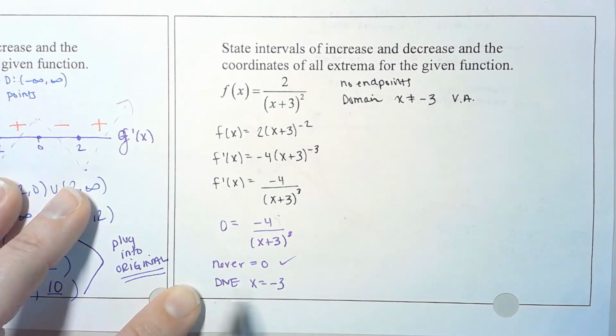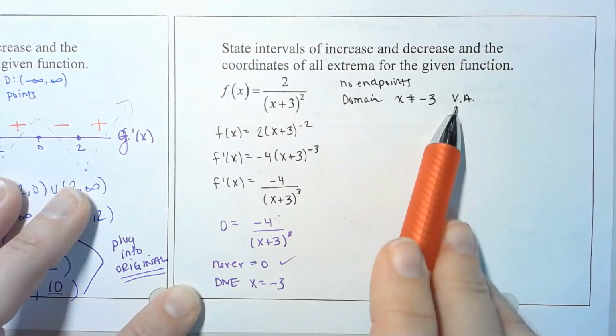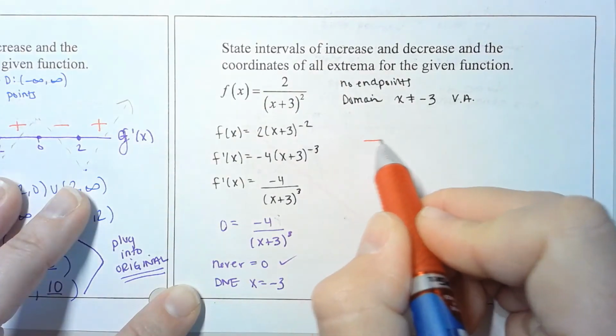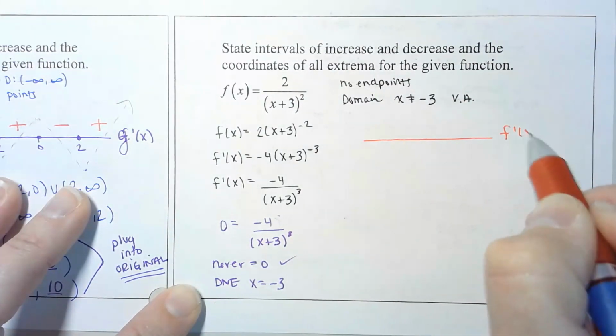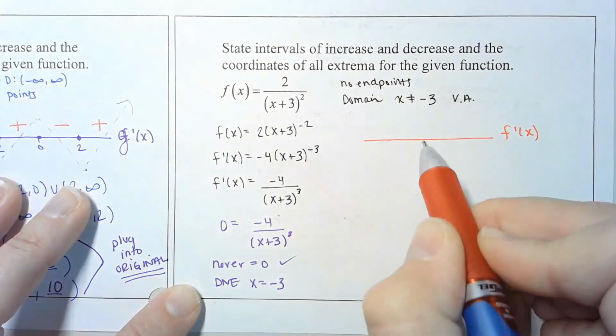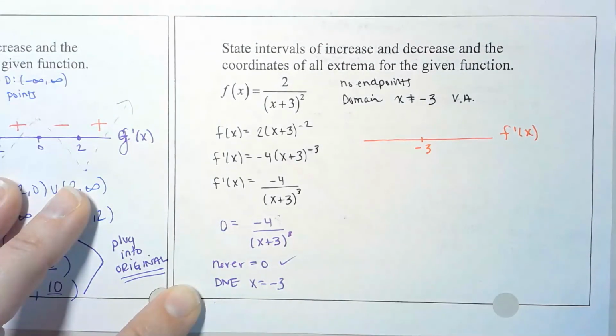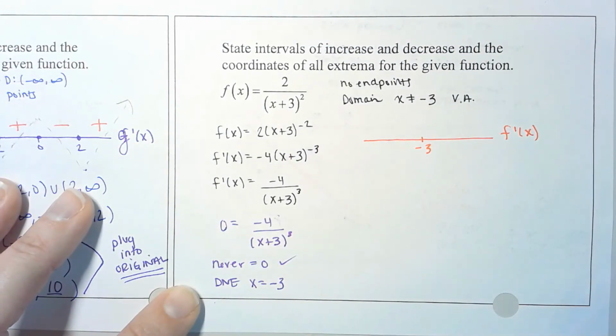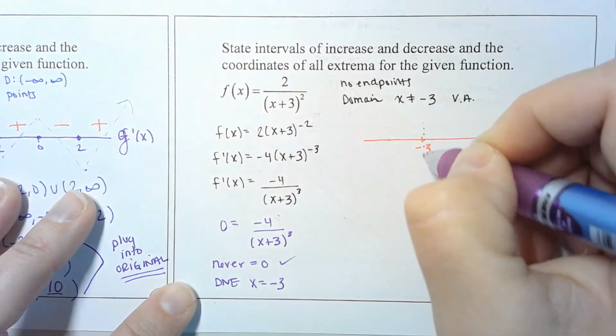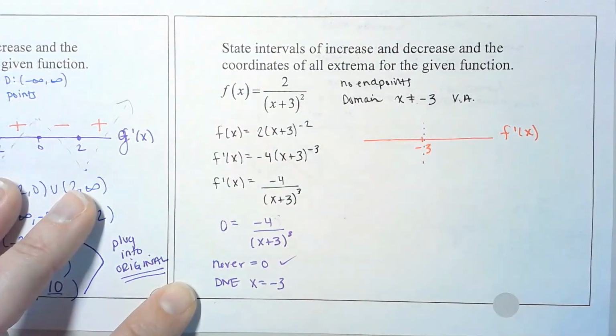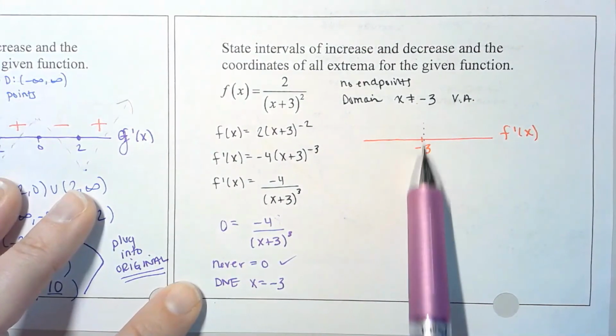It's technically not considered a critical point because it's not in the domain, but we're still going to put it on our sign chart. The only possible place where we could have something going on is at -3. It's a discontinuity. In fact, I'm actually going to even kind of draw that in. There's a vertical asymptote there, so I want to remember that there's nothing there.